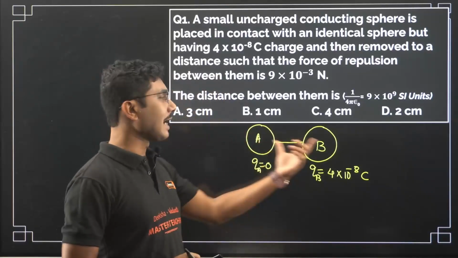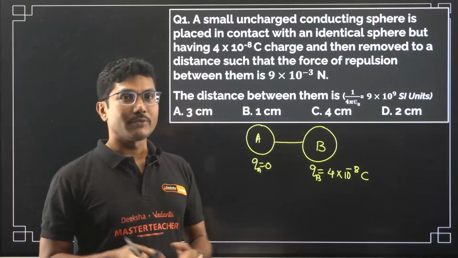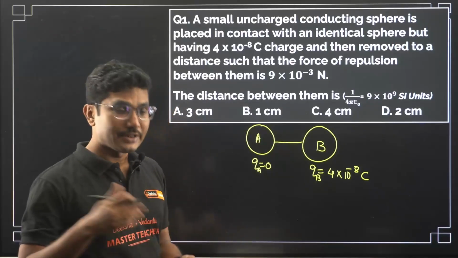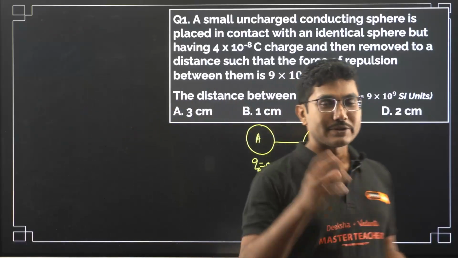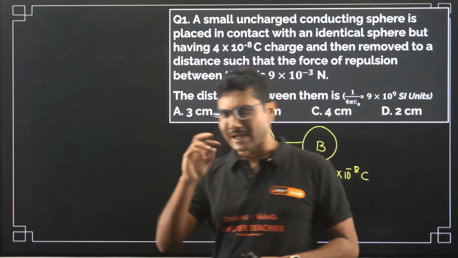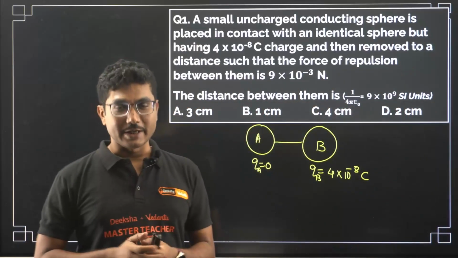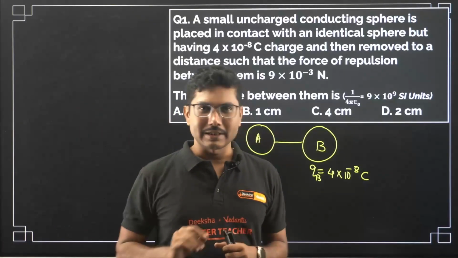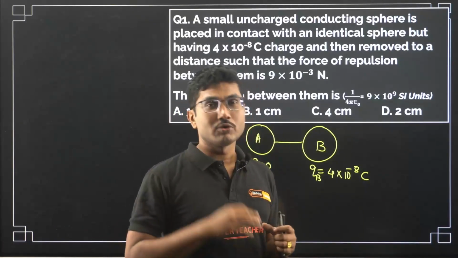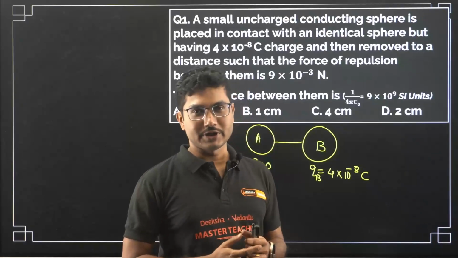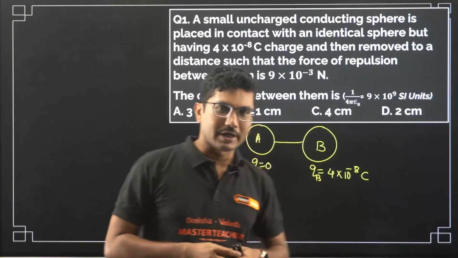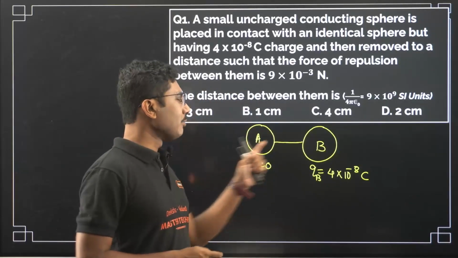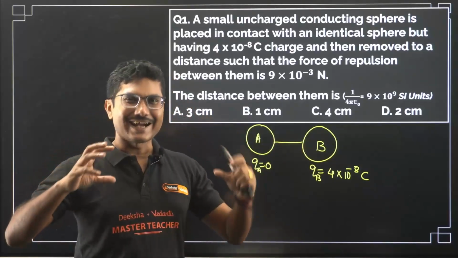But because they are identical, what does that mean? If you have seen cricket matches, when a ball gets deformed or changes shape, they take an identical ball, slightly better than the other one but almost the same as the original. Similarly here, both of them being identical means they are exactly the same thing.